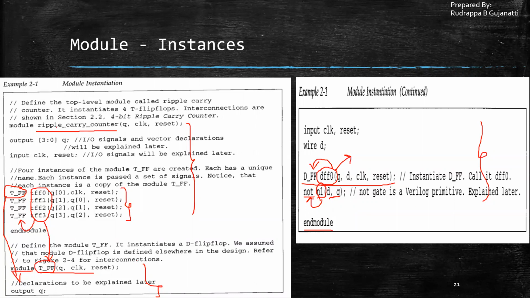T flip-flop. So here you can see that you have the ripple carry counter, which is at the top level. In this, you have declared 4 instances using T underscore FF. And when you are declaring those 4 instances, you are creating instances of the D flip-flop and the inverter.